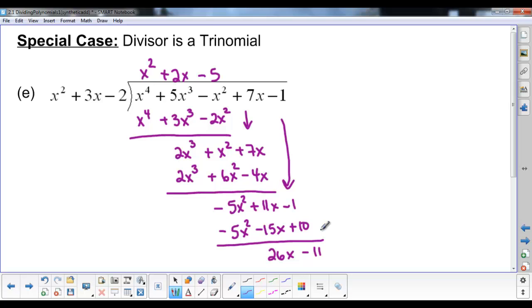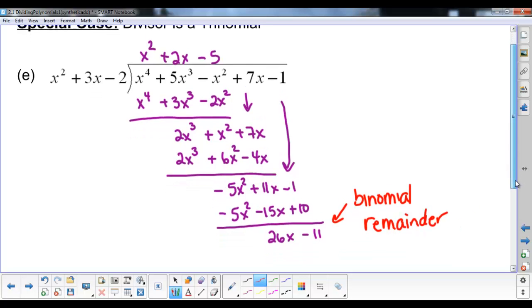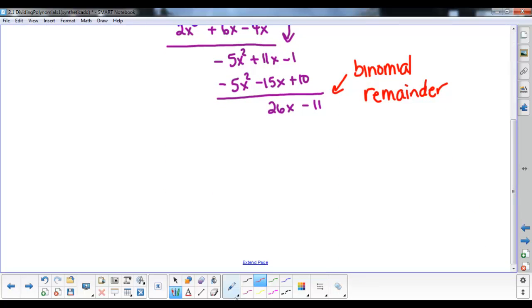Okay, now once you've gotten to this point, x squared is too big to go into 26x. So what we're left with is a binomial remainder, and that's okay. So we'll take this and write this in quotient form.